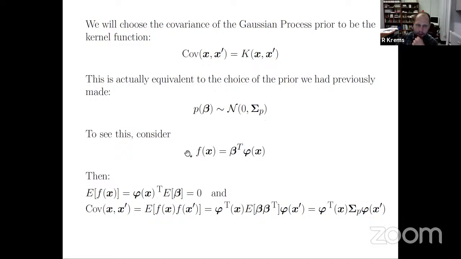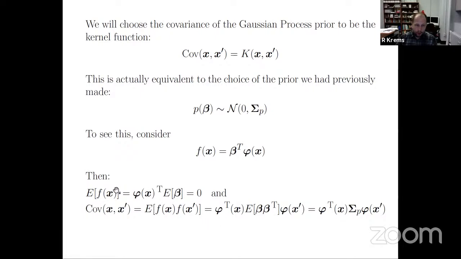Now if you look at the covariance, you're going to have to look at the expected value. The covariance is going to be the expected value of f of x times f of x prime, where f of x is your Gaussian process, that's your model.